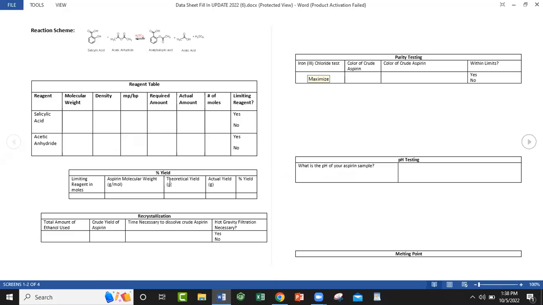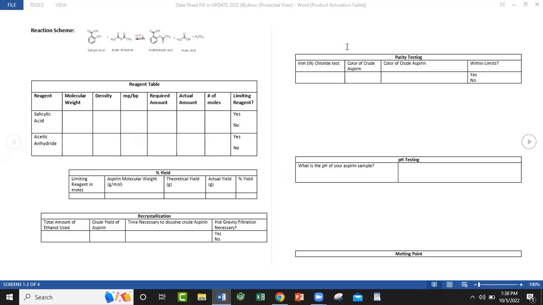Good question. Can somebody help with that? I can't remember the actual number. What did we have for the moles of limiting reagent? Anybody? Somebody should have that on their data sheet already. I just can't remember the exact number.